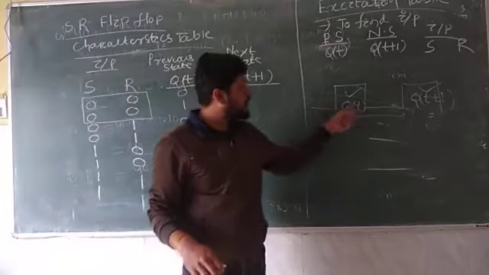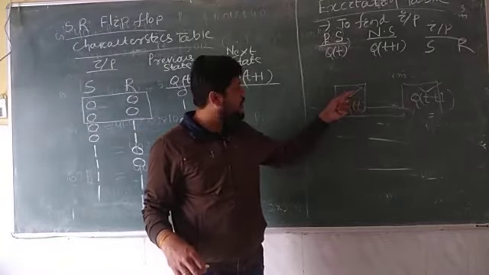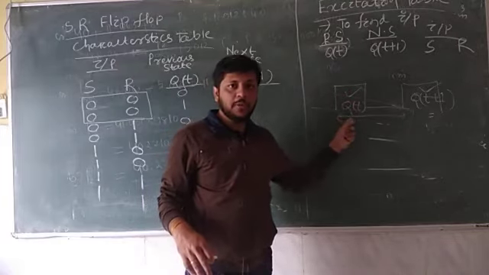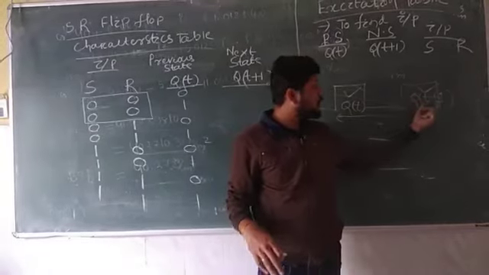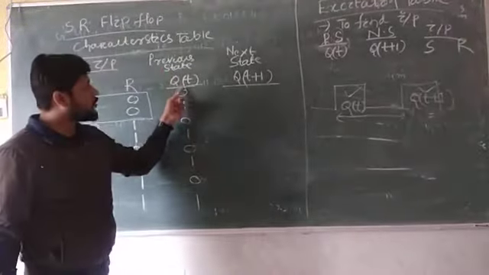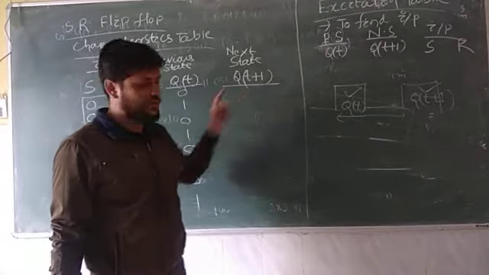For example, when this clock is level triggered and this is the active pulse, we get the output of the flip flop as QT. In the next pulse we will get the output as QT plus 1. That's why this is your previous state QT and this is your next state, for the next clock pulse.